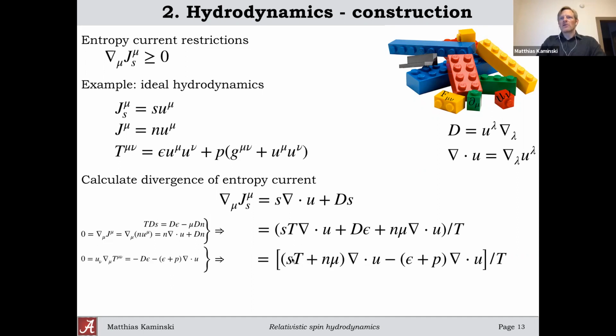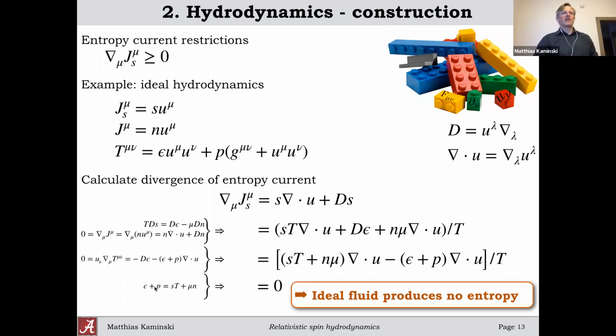So now that gives me this form, and in the last step, you can use the standard relation epsilon plus P is sT plus mu n, and factor out this divergence of u, and what is in brackets is exactly 0.